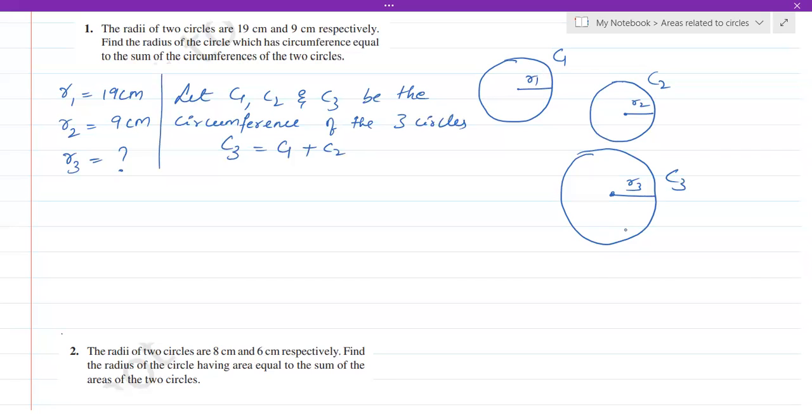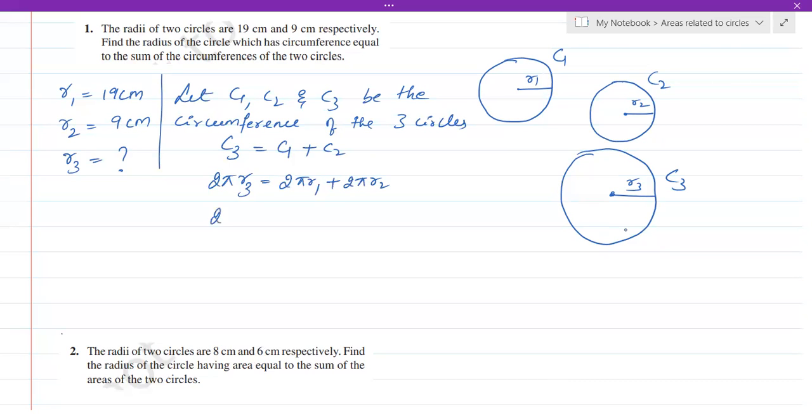C1 is the circumference of the circle whose radius is R1, C2 is the circumference of the circle whose radius is R2, and C3 is the circumference of the circle whose radius is R3. Now we know that circumference is given by 2 pi r. Since this is the third circle, instead of r we use R3. So for C1, 2 pi R1. For C2, 2 pi R2.